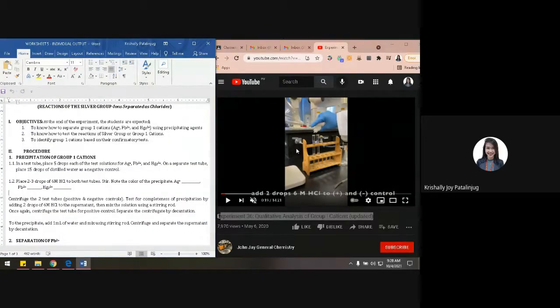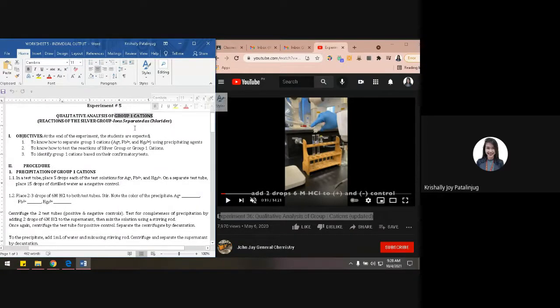So step 1.2, place HCl. My question: these are group 1 cations, silver, lead, and mercury. Do you think that upon adding HCl, an insoluble precipitate will form?